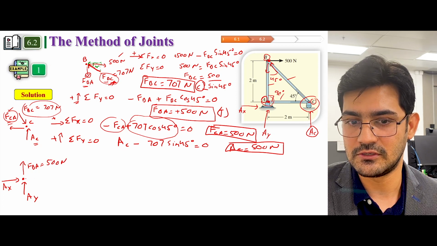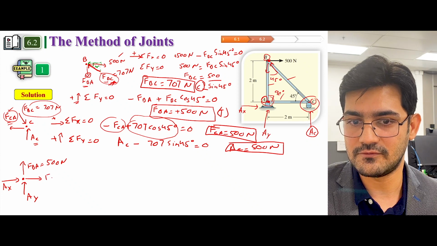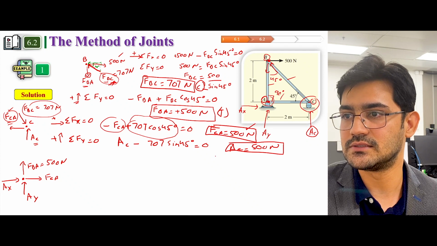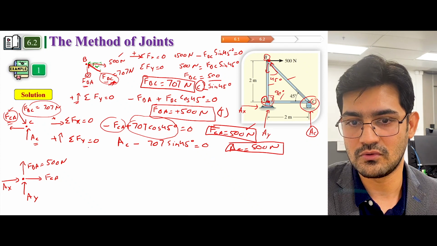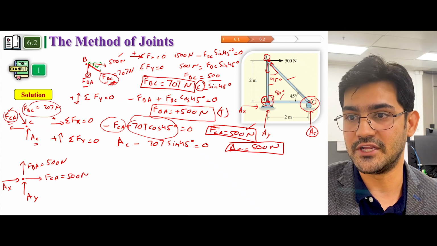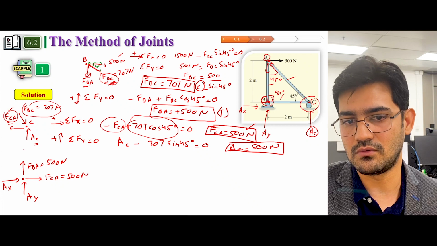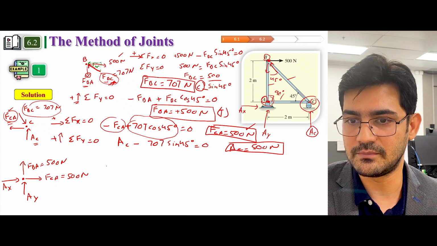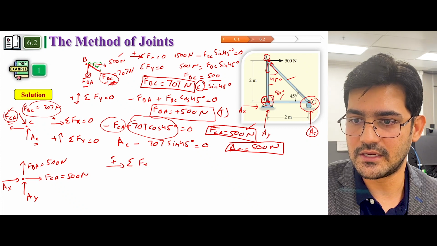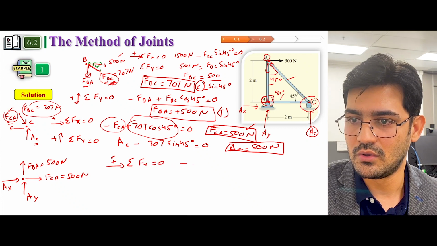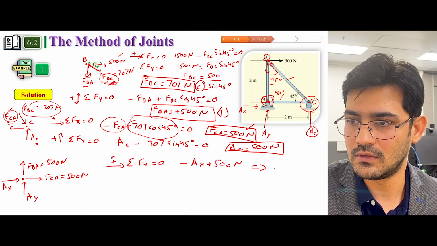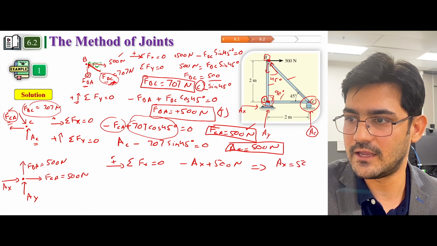And the force F of CA, which is this one, is also 500 Newton and also in tension. Okay, so simple, right? We have to do summation of all the forces acting on the x-axis equal to 0, so A of x is 500 Newton.